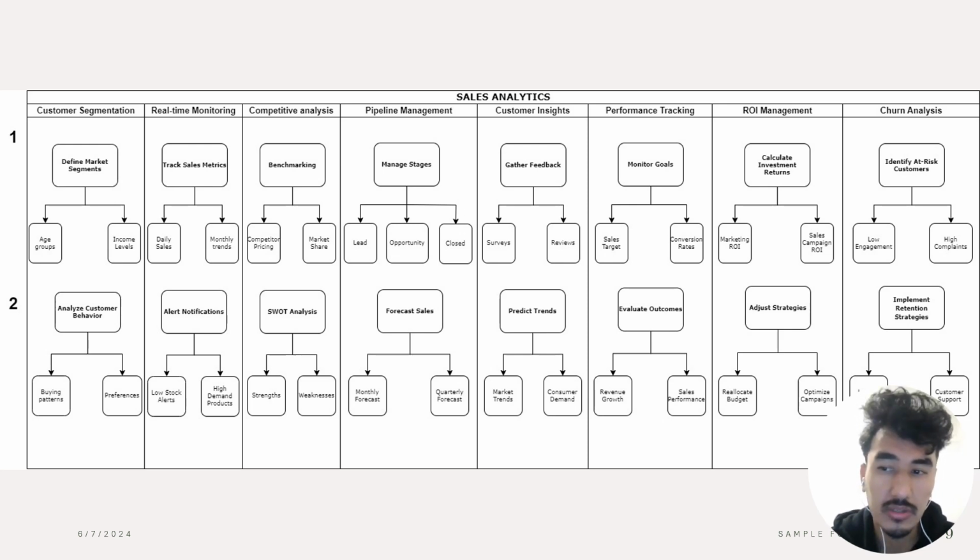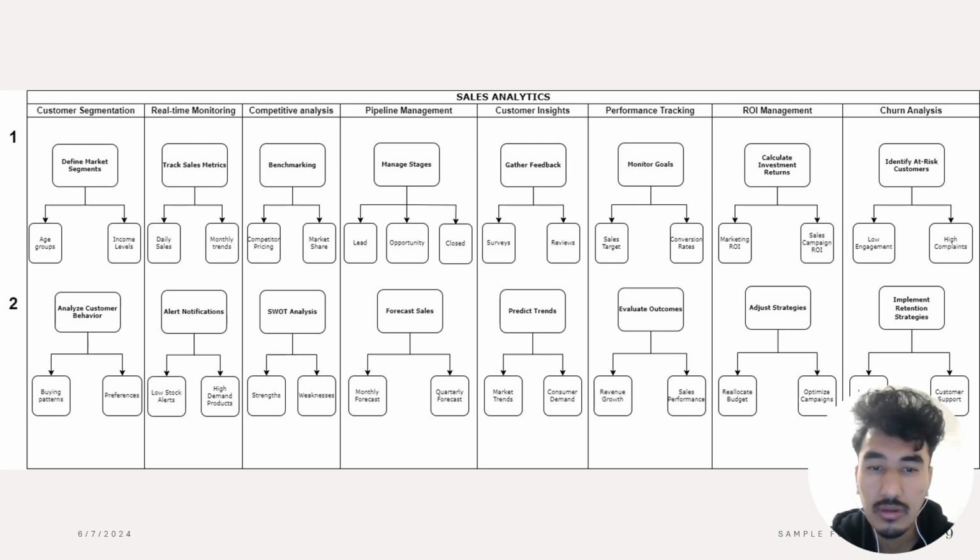In customer segmentation, we define market segments and analyze customer behavior, defining market segments according to their age and income levels, while analyzing customer behavior, understanding their purchasing habits. In real-time monitoring, we track sales metrics on a daily or monthly basis, and alert notifications.